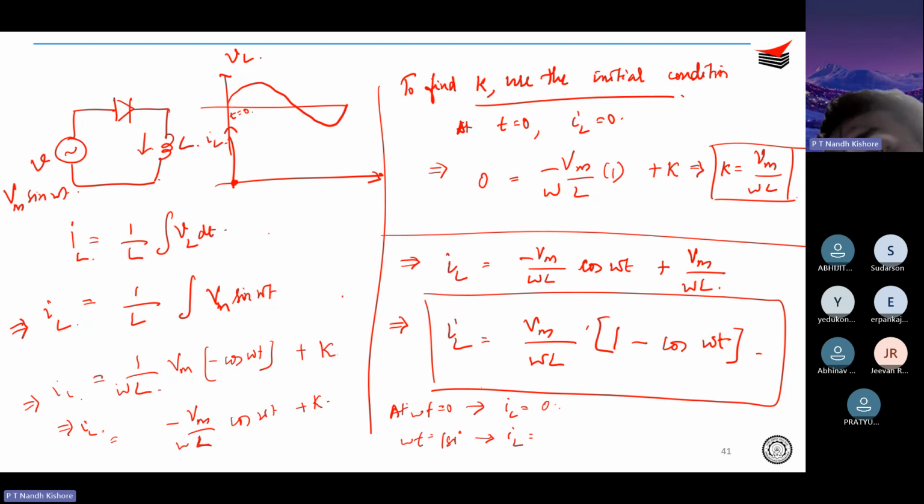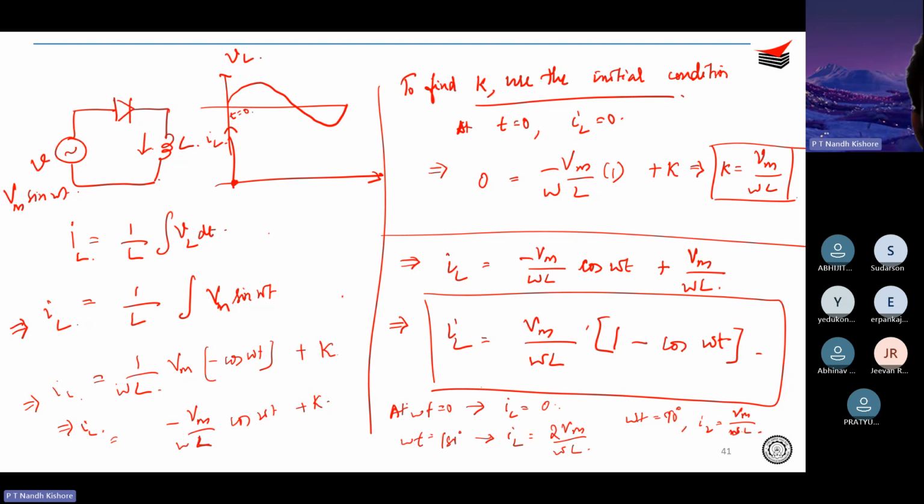So 1 minus of minus 1 is 2. So 2 Vm by omega L, right? At omega t equal to 90, you will get what? Cos 90 is 0, right? So IL will be Vm by omega L.